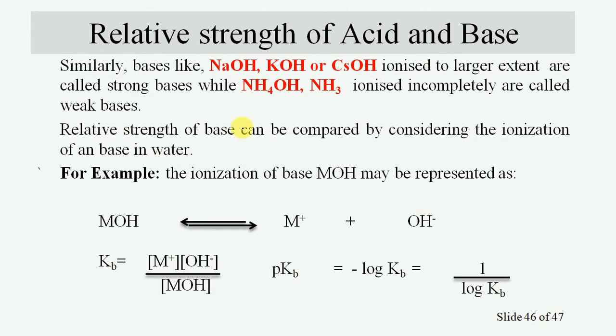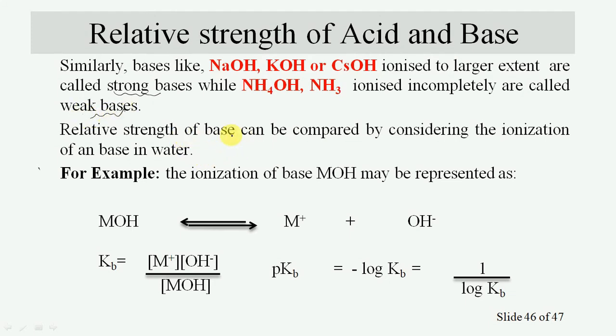Similarly, bases like sodium hydroxide, potassium hydroxide, and cesium hydroxide are ionized completely in water, while bases like ammonia are ionized to a lesser extent. So bases which can ionize to a larger extent are called strong bases, while the bases which are incompletely ionized are called weak bases.